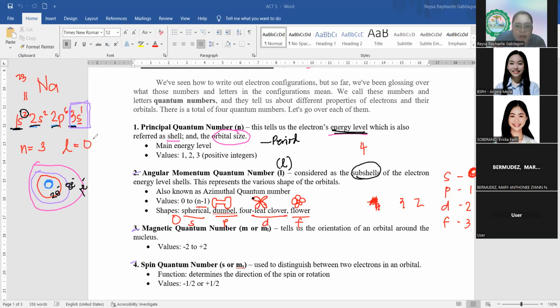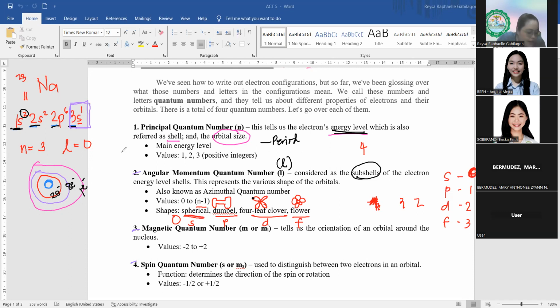So, pag tinanong kayo, what is the azimuthal or the angular quantum number of sodium? That is 0. So, yung kanyang last electron nasa S subshell and ang shape ng orbital na yan ay spherical. Okay? So that is, again, azimuthal or angular quantum numbers.